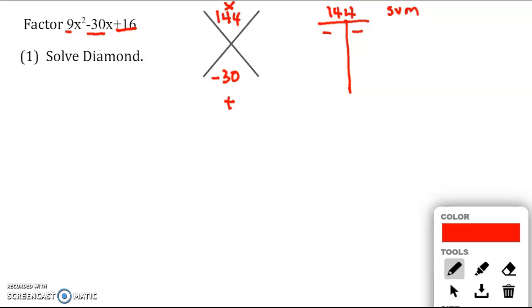That means pull out your calculator and start thinking. The first number that comes to my mind is 12 times 12 is 144. But the sum will be 24. So it's close, but it's not the right number.